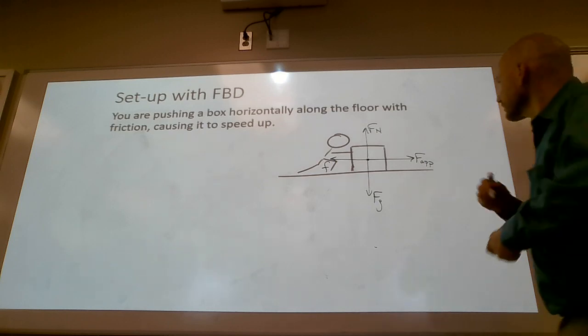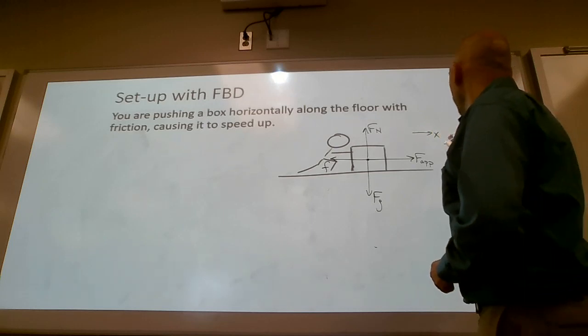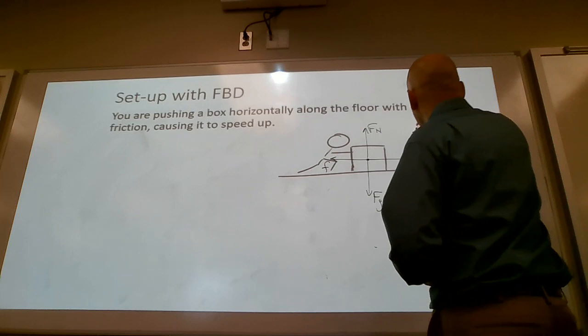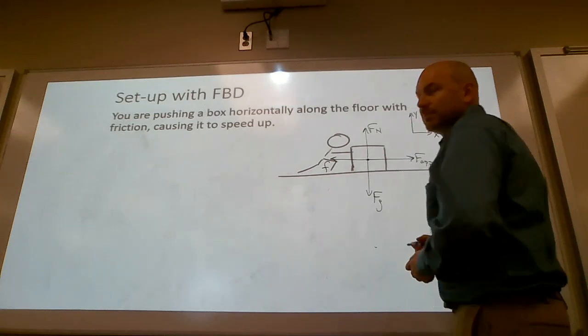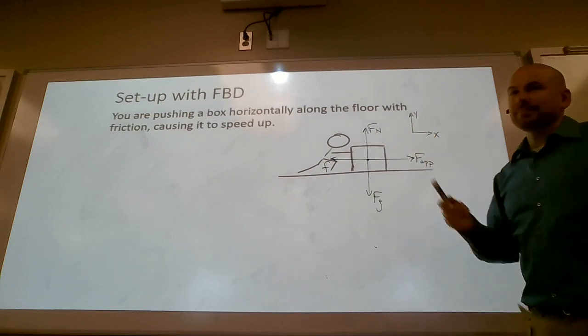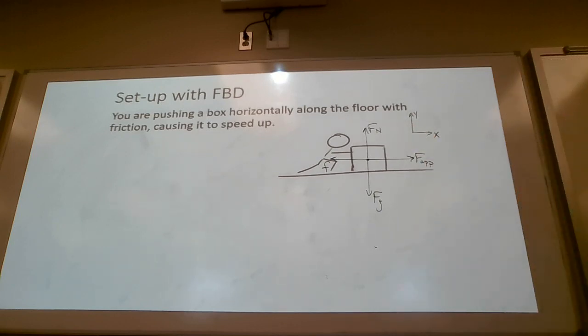Okay, so I'm going to make to the right the positive X direction, and up, because it's not moving in the Y direction, it's more natural for us to pick up to be positive. So that symbol there defines which way is the positive direction, to the right and up for this problem. Okay, that was step 2.